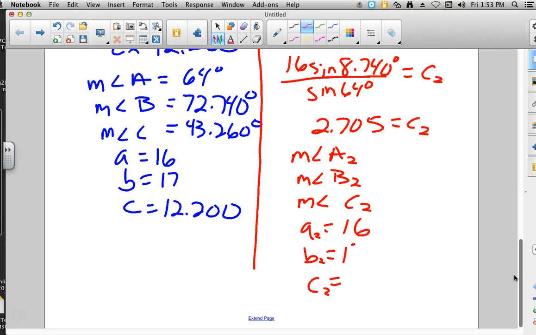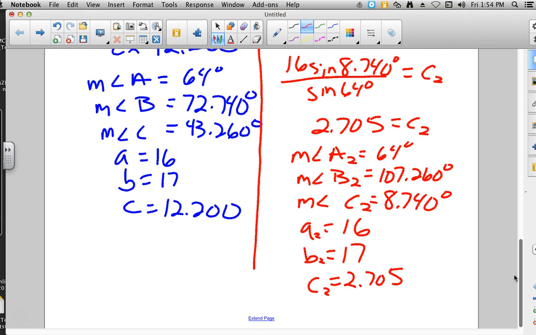B sub 2 is still 17, but pretty obviously our little C sub 2 is now 2.705, along with some changes that we had for the two angle measures up here, where the measure of angle B sub 2 was 107.260 degrees, and the measure of angle C sub 2 was 8.740 degrees. So we've got them both.